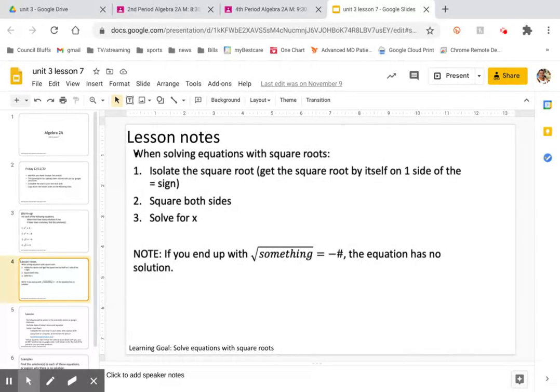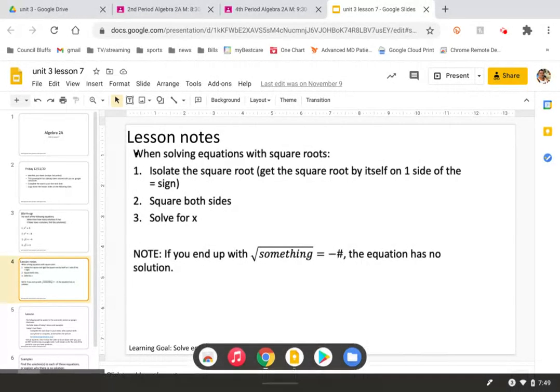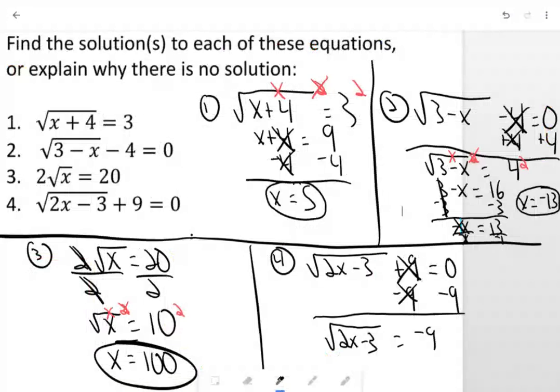You cannot take the square root of a number and have the answer just be negative. So in this particular case, we ended up with the square root of something equals a negative number, negative 9. Therefore, we can stop and safely say that this equation right here has no solution.